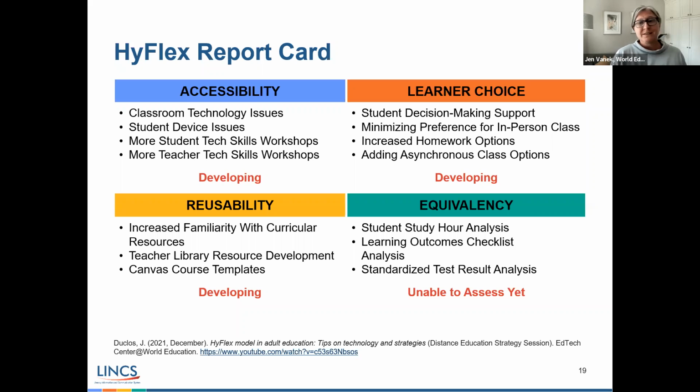In terms of equivalency, she felt that in December at least they still needed more student data to assess how the equivalency was playing out. But they were putting together learning outcomes checklists and looking toward using some standardized test results to understand how they were doing there. Next slide, please.